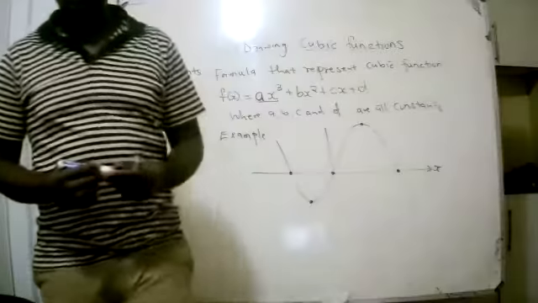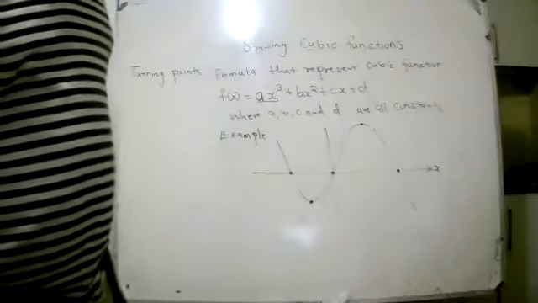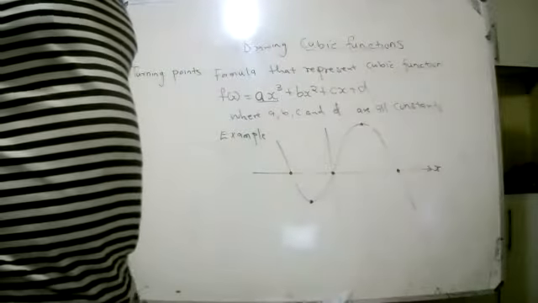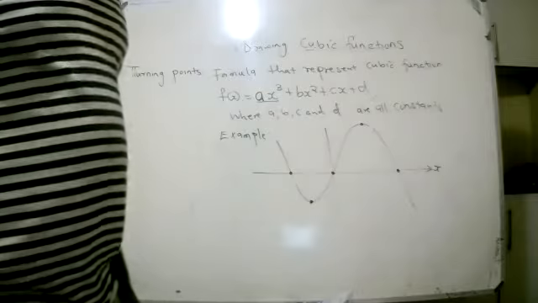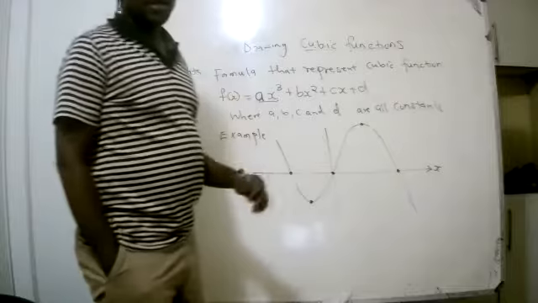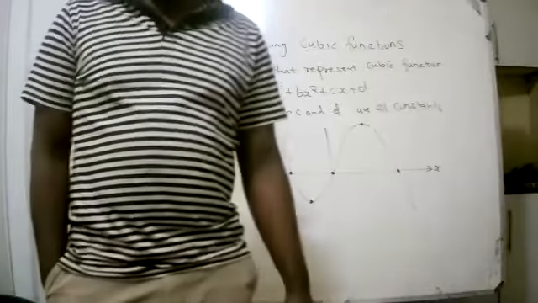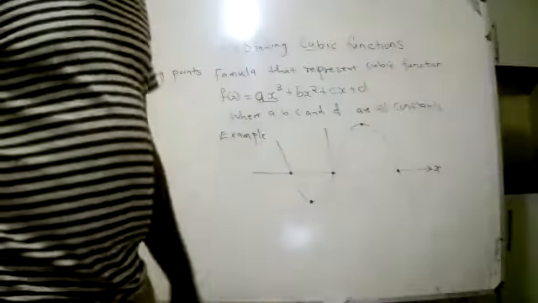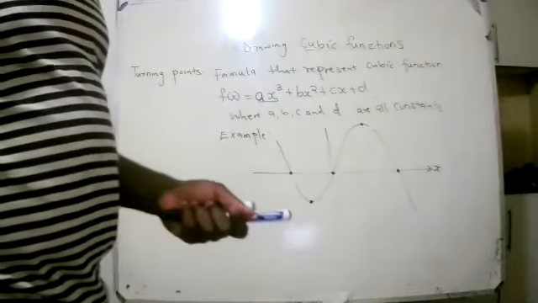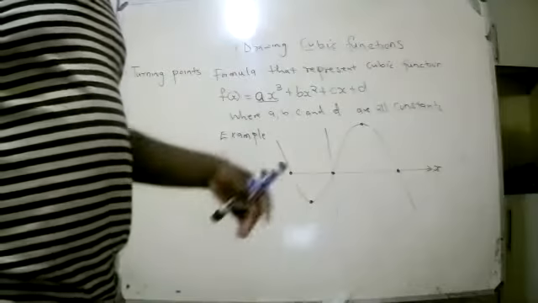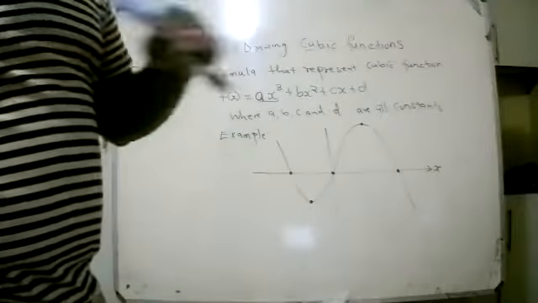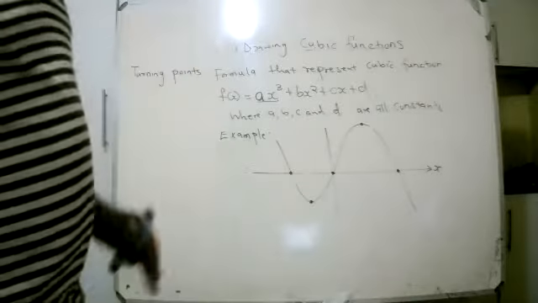What do we call these points? Intercepts. These are the points of intercepts or the roots, because some examiners like to confuse students. Instead of using the word x-intercepts, they might say roots. So you must know it's one and the same thing.